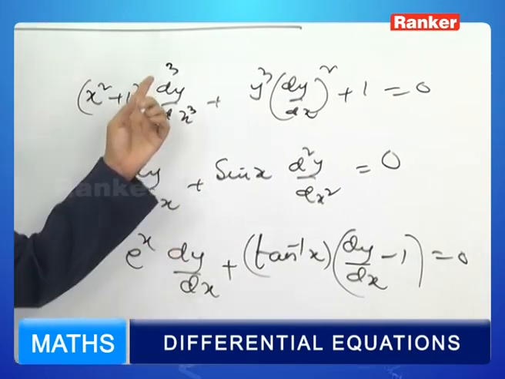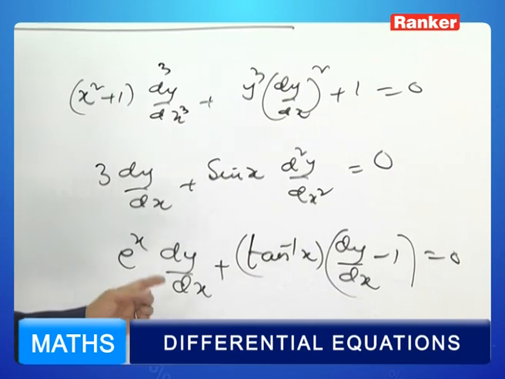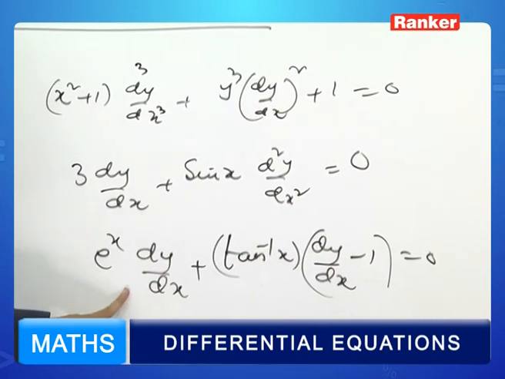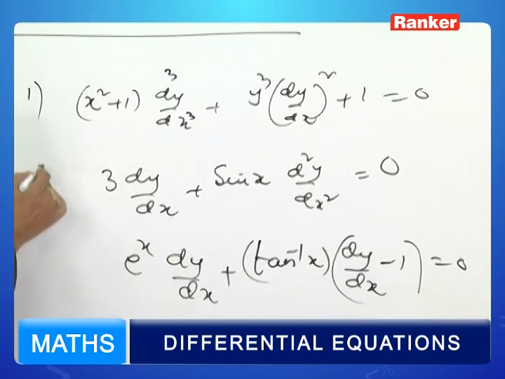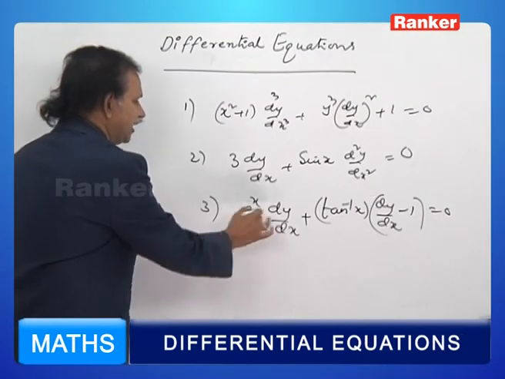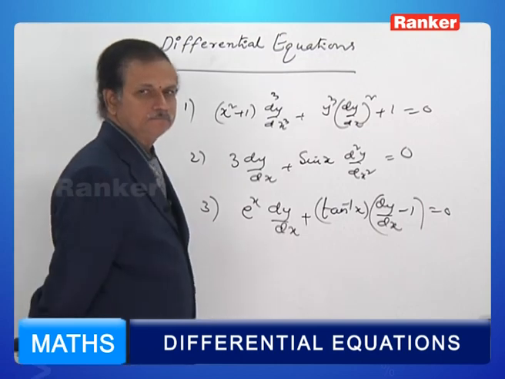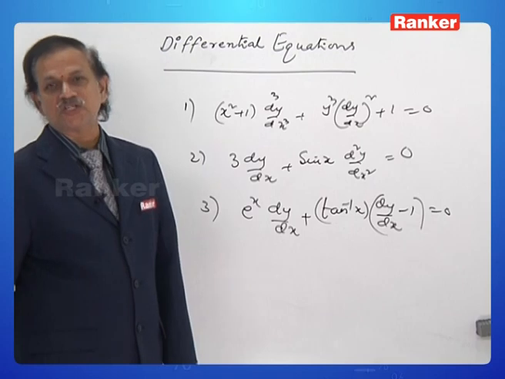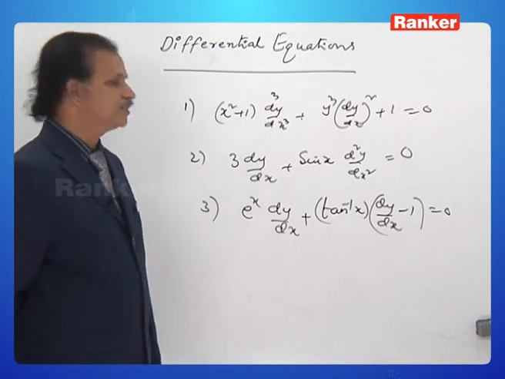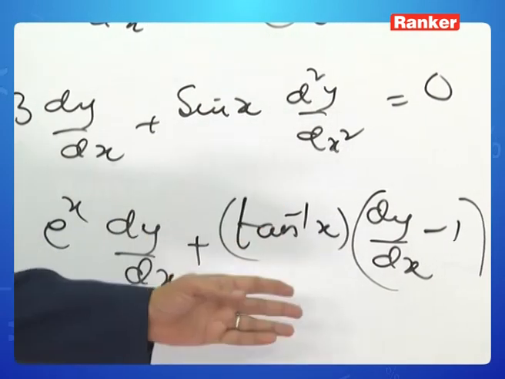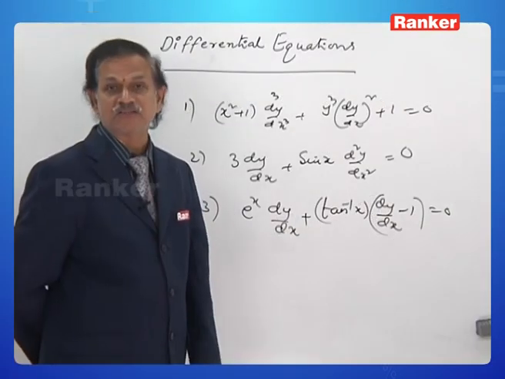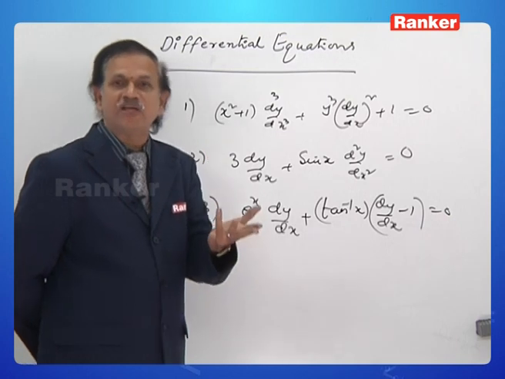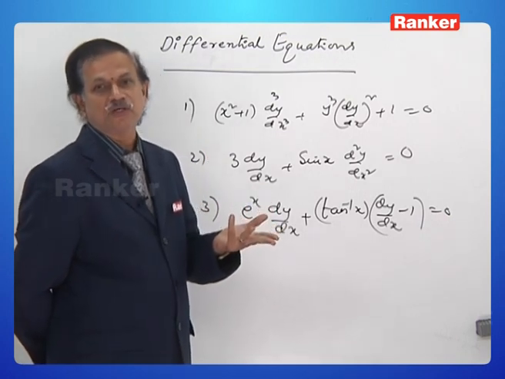Consider the three differential equations. The largest ordered derivative present in the third equation is dy by dx only. In the second equation, the largest ordered differential coefficient is of second order, that is d square y by dx square is present. But here you are able to see d cube y by dx cube also.